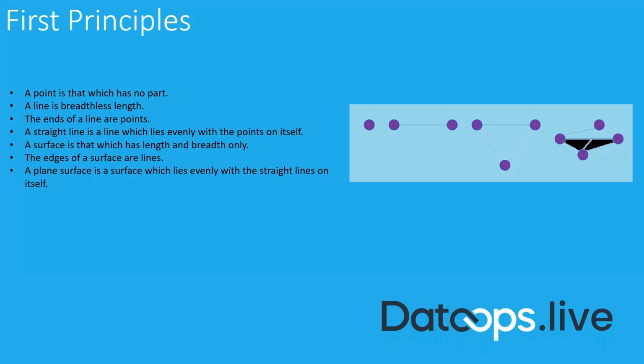These are the first 7 definitions from Euclid in his book, and they're illustrated in the first three images. Just based off of some of these basic definitions, ultimately we can create something with a volume here on the far right, just by following these definitions. So first principles are very important, understanding how to put things together.